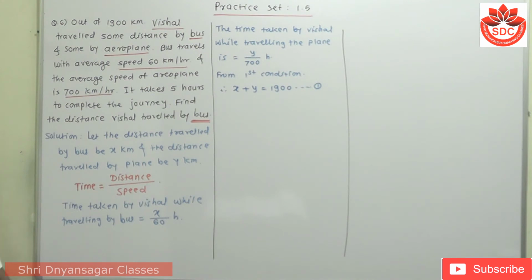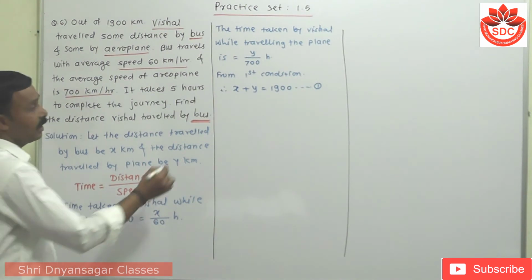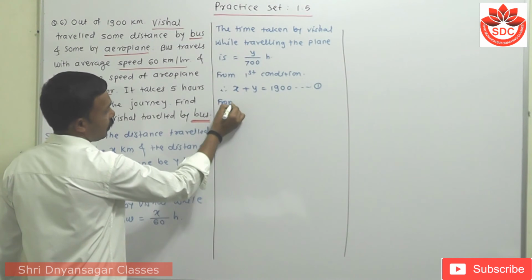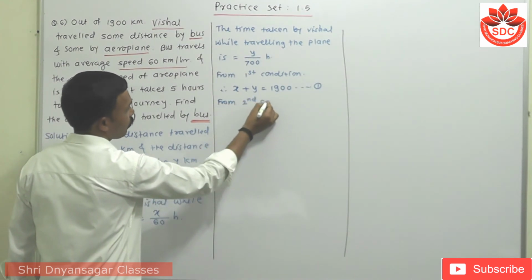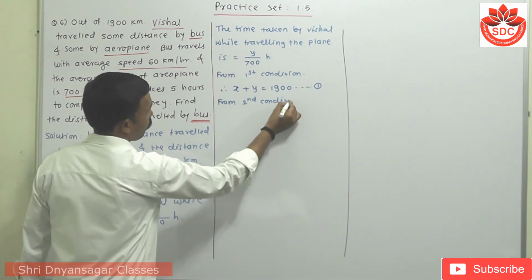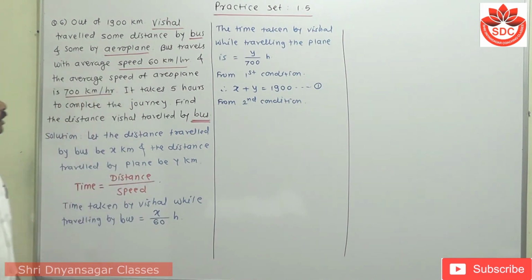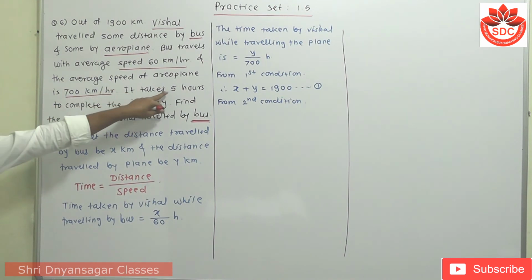Then the equation second is from the second condition. By using the speed 60 km per hour and the speed 700 km per hour, it takes 5 hours.